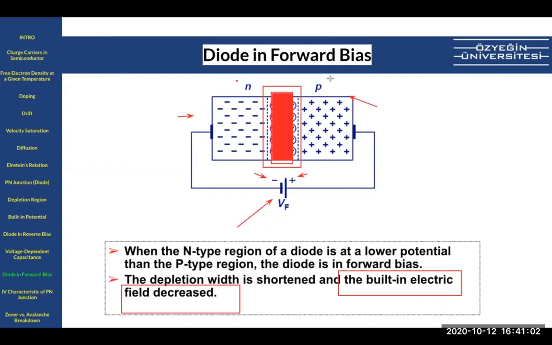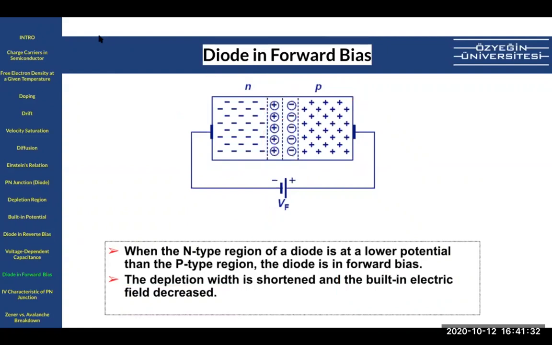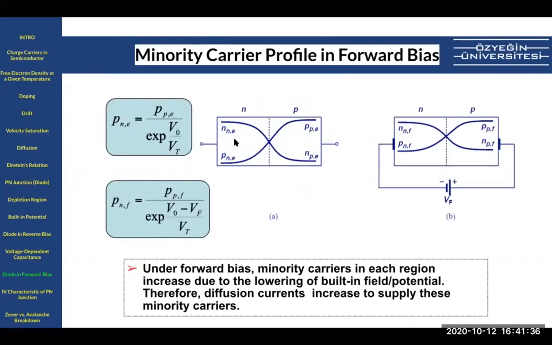There are a lot of pluses here, right? They will want to flow here. There are a lot of minuses here. They will want to flow here. So I have less strength to say no, don't come, because the electric field in this junction is much less. So they will start to flow, and now the diffusion current becomes the dominant current in forward bias diodes. And of course, there are formulas for how strong it becomes, and that's what we will look at in the next slide.